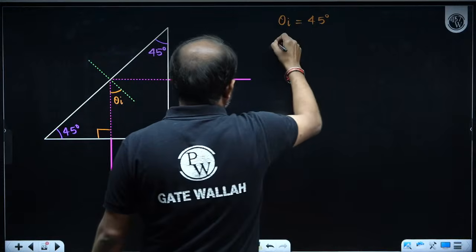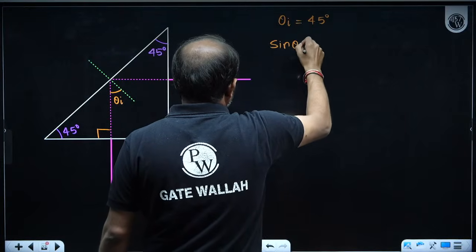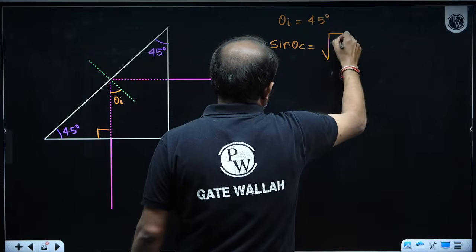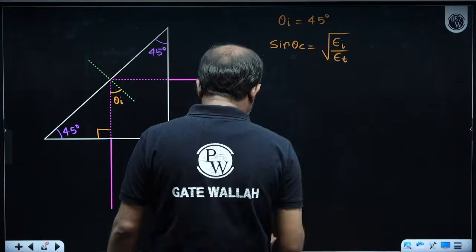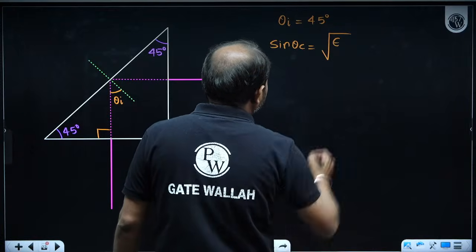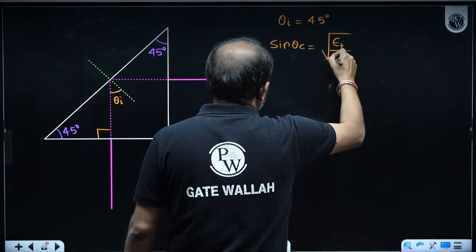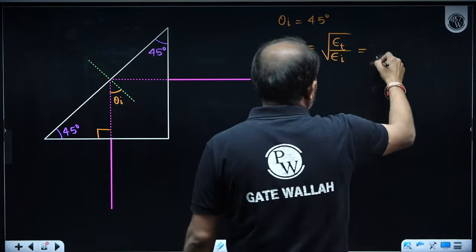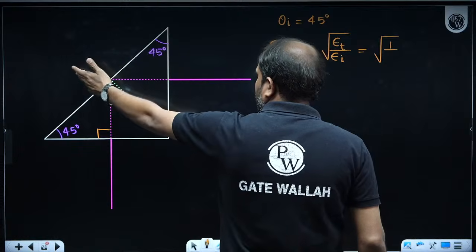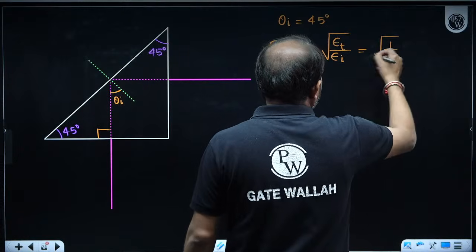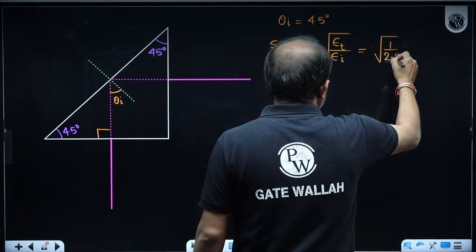And sine theta C is equal to epsilon T upon epsilon I. Epsilon T is 1, since this one is transmitted. This one is incident, and incident is 2.25.